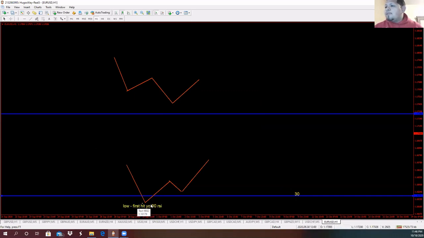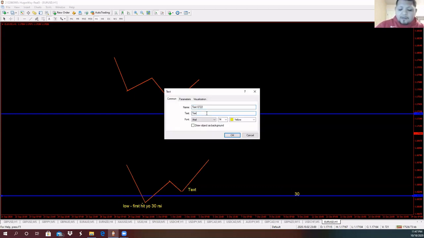Then I want to see it give me a higher low. And this higher low, guys, has no specific level. I have a 35 level on there. Sometimes it might be at the 35 level, sometimes a little higher, sometimes a little lower. But I just want to see my first low hit the 30, and then I want my second low to be higher than my first hit to the 30. Higher low.